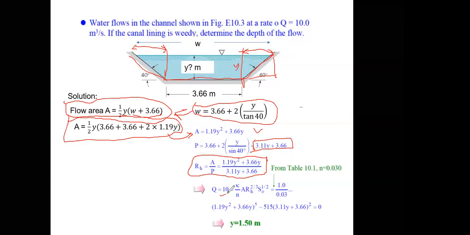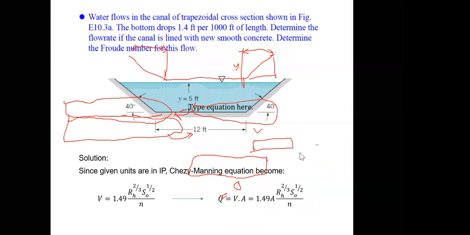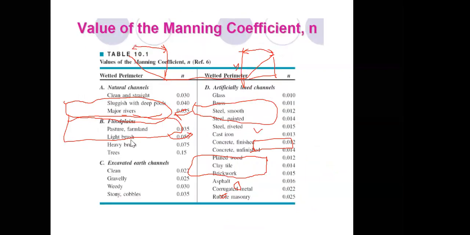Q equal to 10 times, oh, the K value is equal to 1 since this is in SI units, so you don't have to multiply by 1.49. So I still use 1 over here, and n can be obtained from table 10.1. Let's take a look for the weedy surface, floodplains, 0.03.